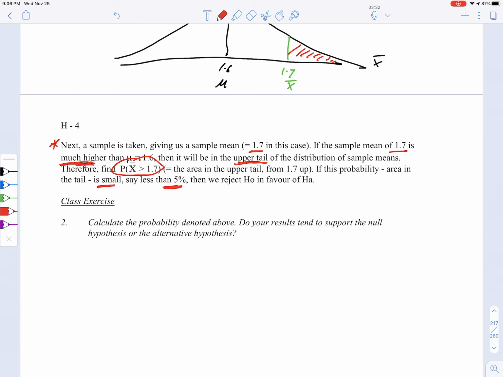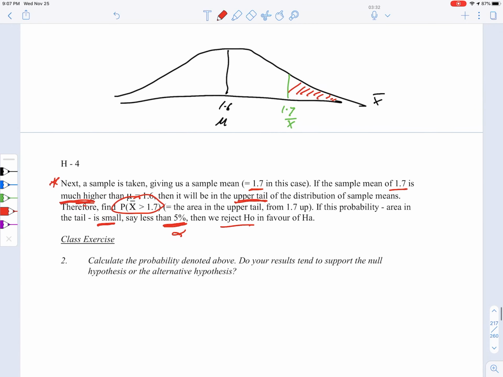If this probability or area is small, let's say less than 5%, which is a common alpha value, so we want to be 95% certain of our results, and that means that we got to be okay with a 5% level of significance, then we reject H0 in favor of HA.